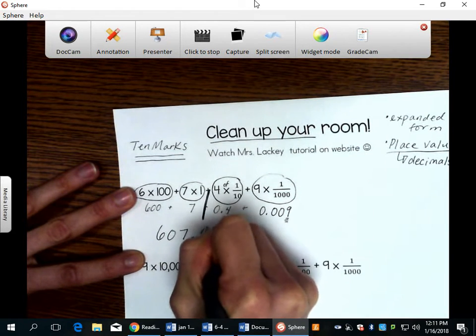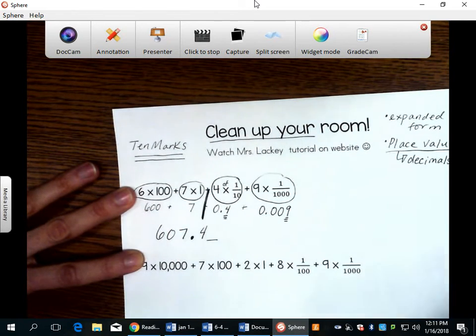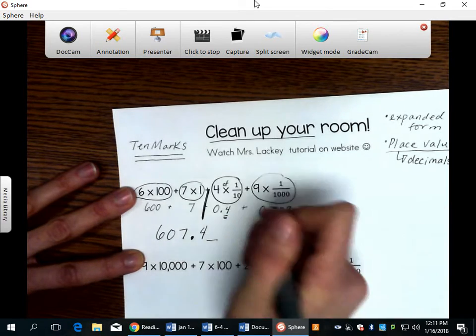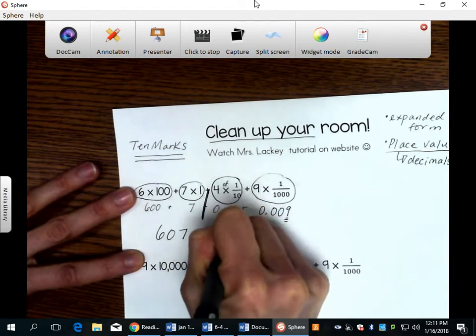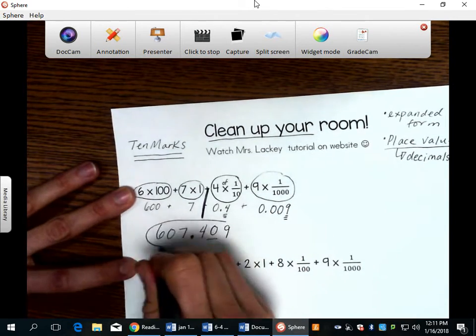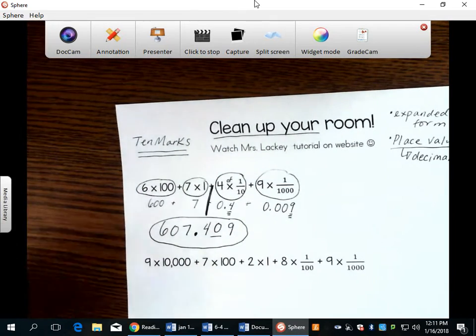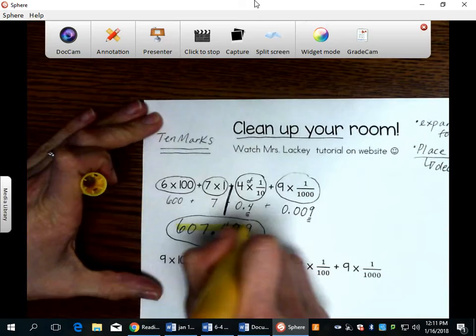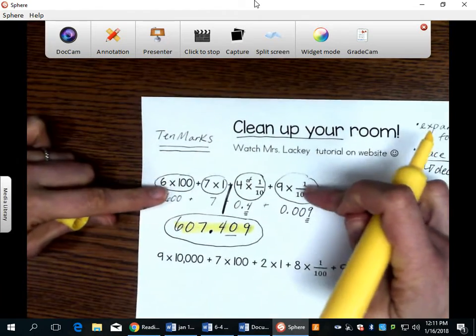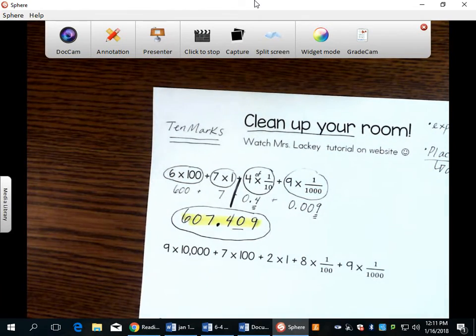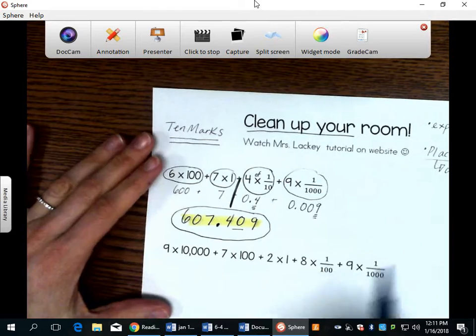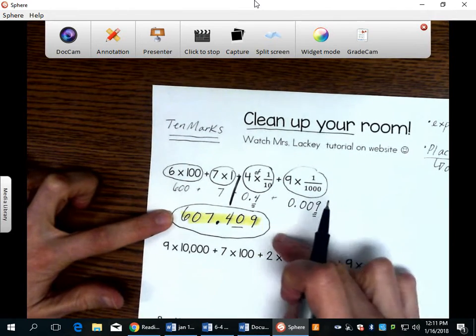So 4 in the tenths spot. Any hundredths? No. So 4/10, no hundredths, and 9 thousandths. Okay? So this one answer is how I could have cleaned up or simplified this whole expanded form. Instead of writing all this jibber-jabber, I can just write this one number.